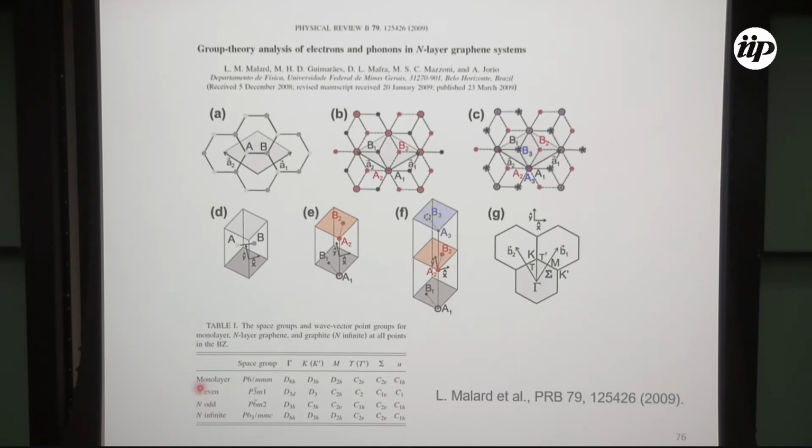This happens for everything that is even, but we still have the C6 for the monolayer, and the C3 for the odd. For the infinite case you can make this translation, so then you have the possibility.